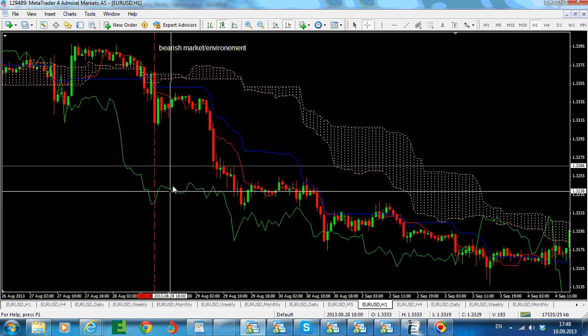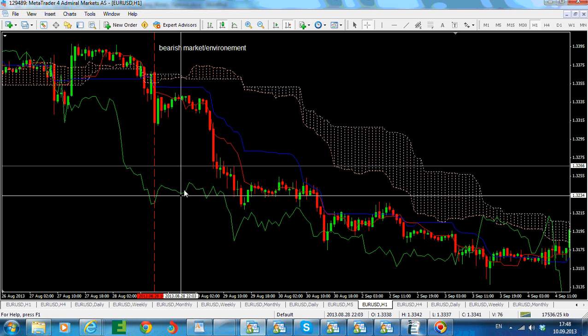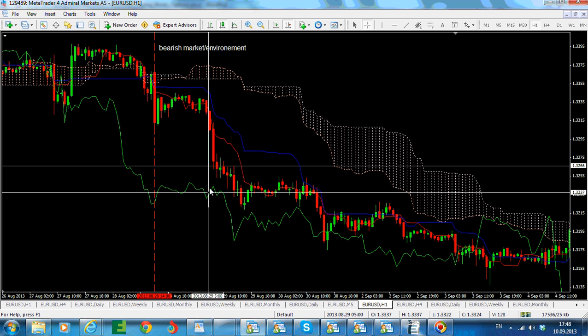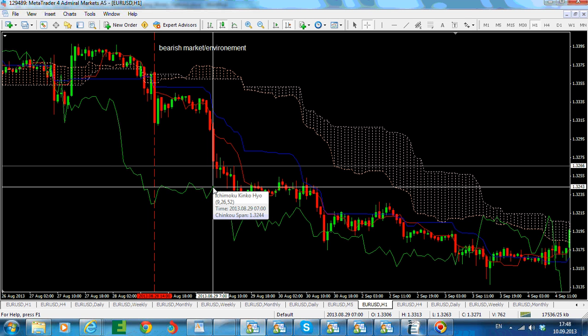Chikou, see here, the green line is approaching the candles in front of it. By the time it approaches the candles in front of it, we have here something like 26 periods. So this is the 26 periods, but we look at the time until actually on the horizontal we meet the price. So 26 candles here.